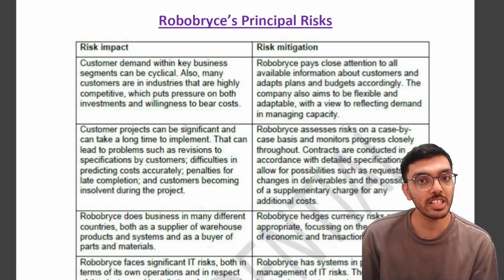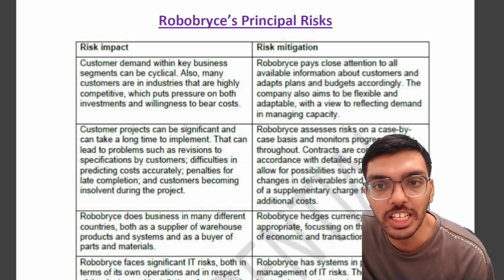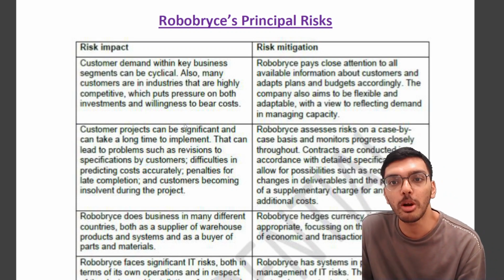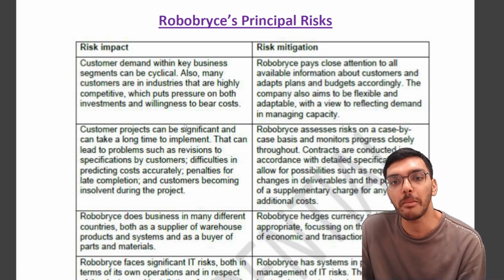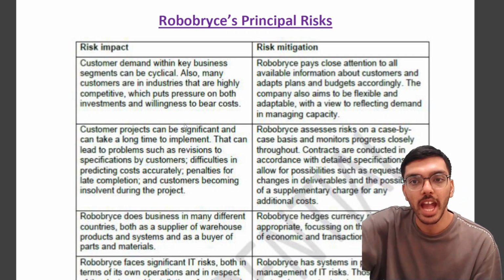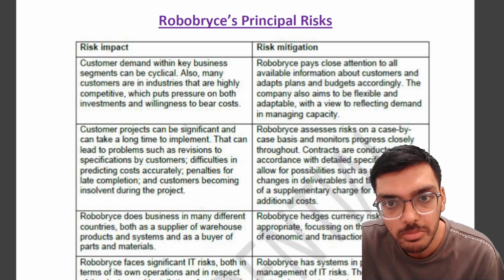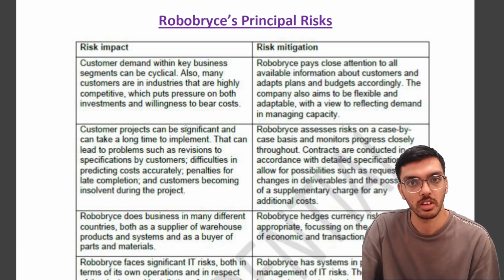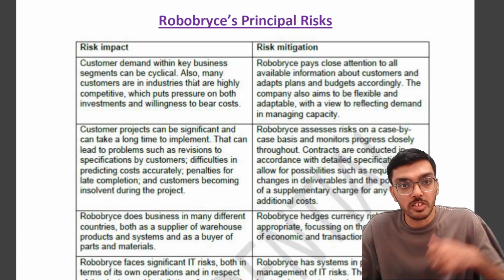So what is Robobryce doing to mitigate this? Robobryce pays close attention to all available information about customers. The company also aims to be flexible and adaptable. So keeping a key external market eye to serve our customers is my mitigation strategy here. Okay, this is my key risk 1.